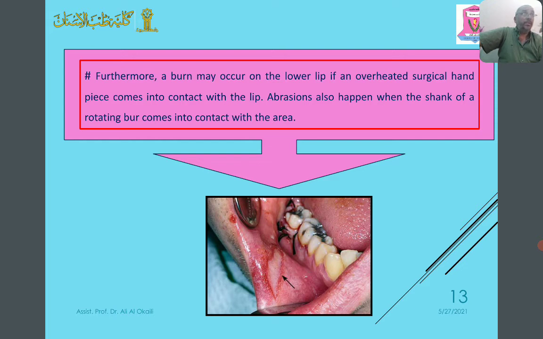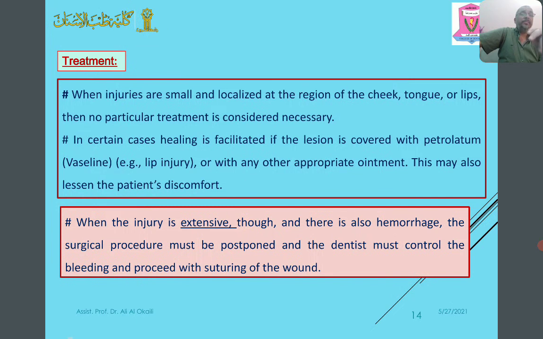Abrasion also happen when the shank of the rotating burr comes into contact with the area, أو أحيانا تضرب السن المجاور أو تصلخ السوفت تيشيو المجاور للاريا of extraction.